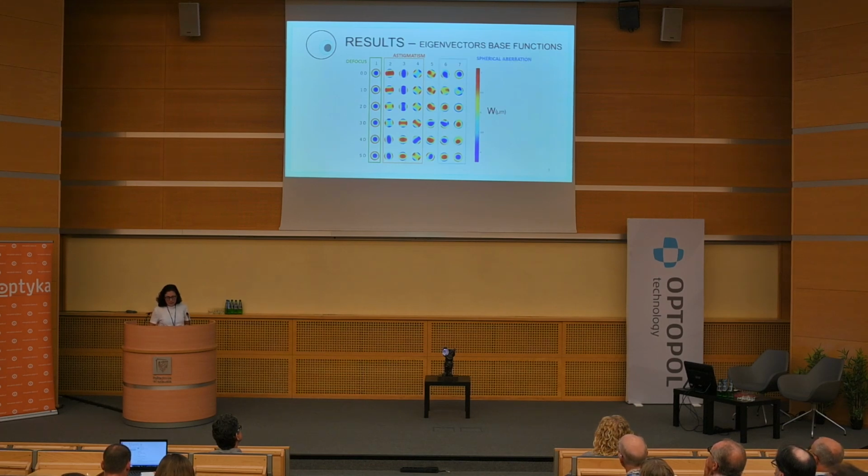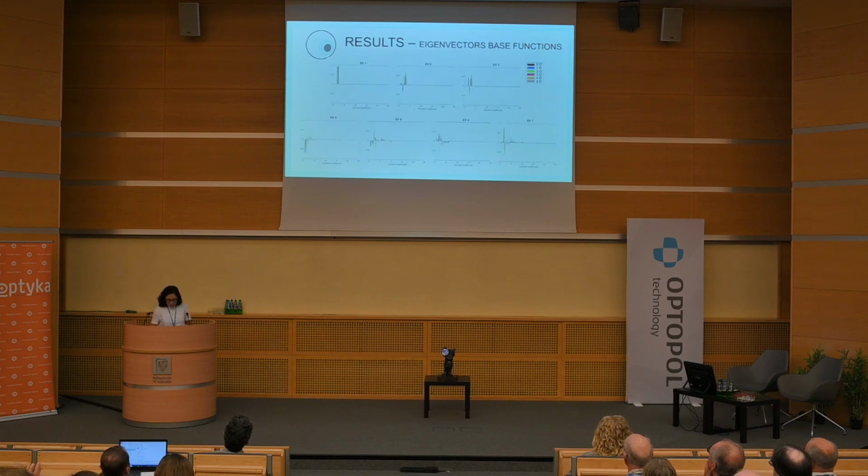And the sixth and the seventh are mainly based on information from the spherical aberration. And here you can see the magnitude of the Zernike coefficient that is encoded in each eigenvector for each accommodation demand.